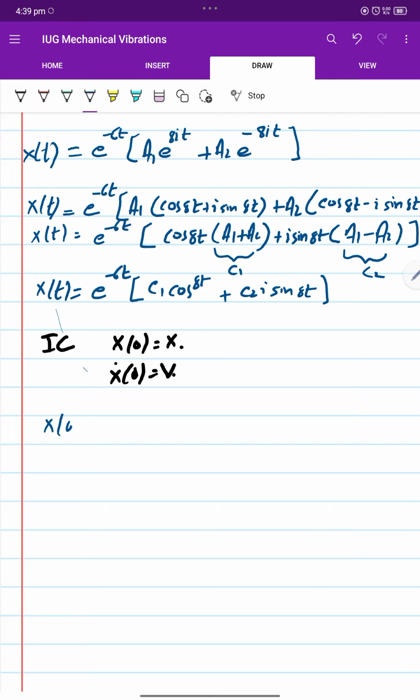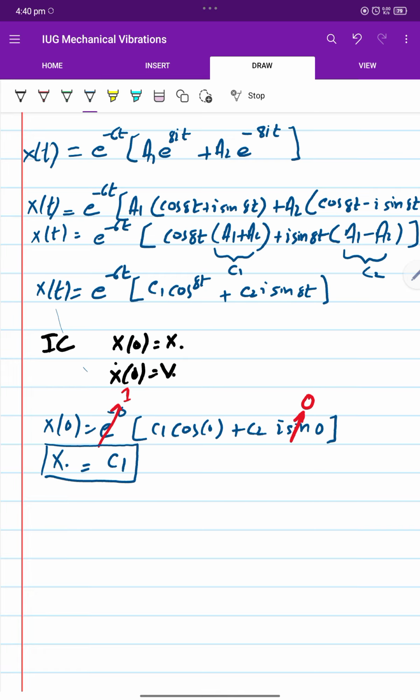So x at 0 equals e exponent 0 into c1 cosine of 0 plus c2 iota sine of 0. Sine 0 is 0 and cosine 0 is 1, so we are left with x of 0 equals x naught, and c1 equals x naught.